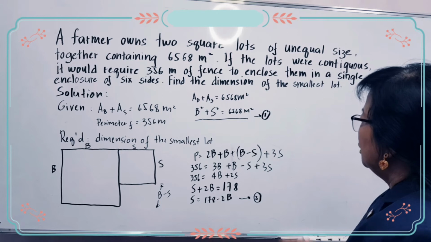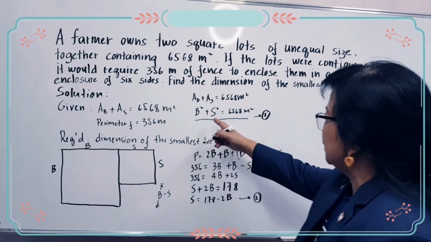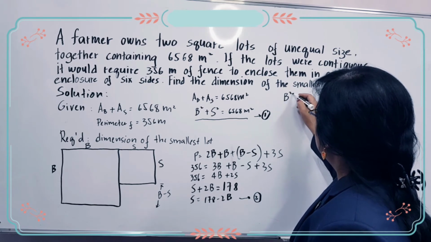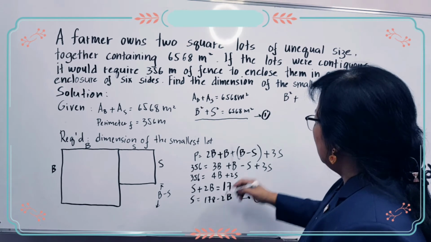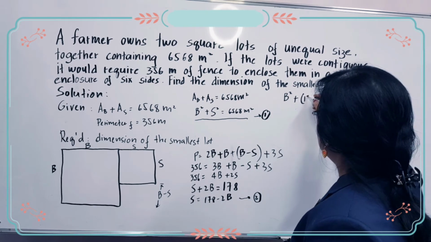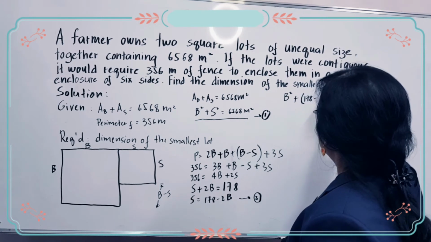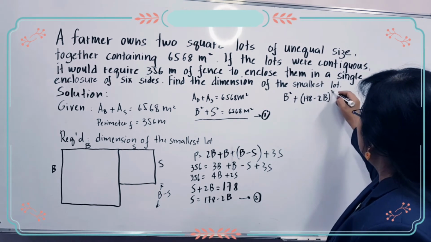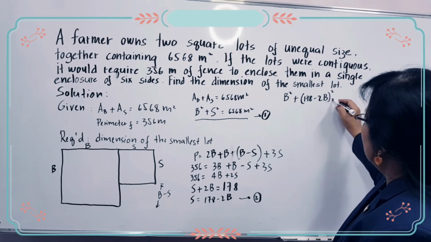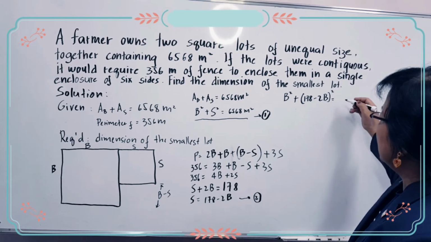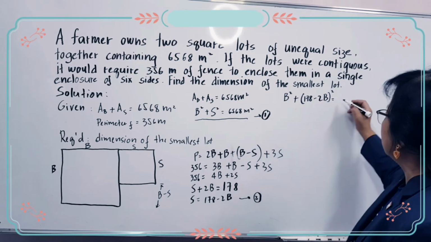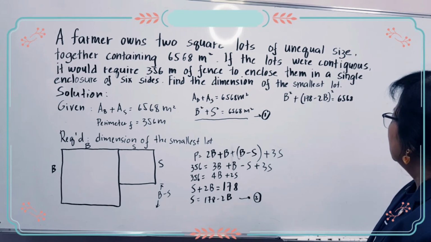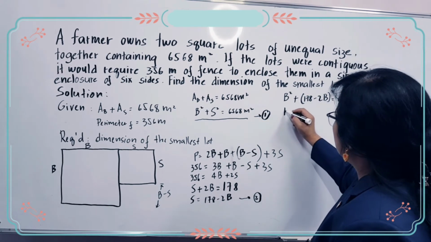Now, we can substitute this value here: B squared plus, how much is S? It's 178 minus 2B raised to the power 2 is equal to 6568.